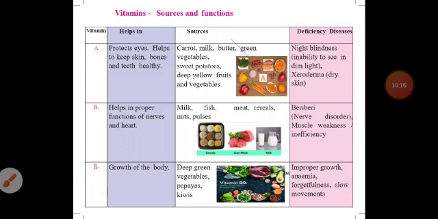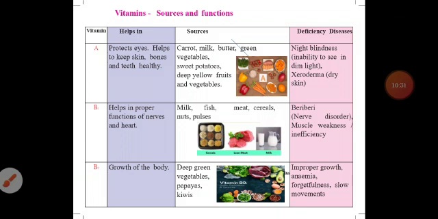The sources, functions and deficiency diseases of some vitamins are given in the following table. Vitamins are required in lesser amounts but are very essential to the body.